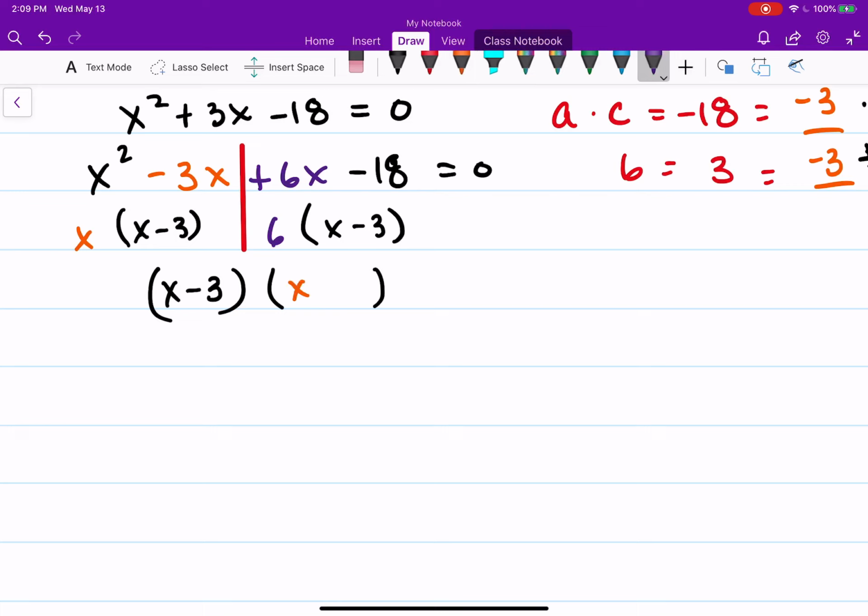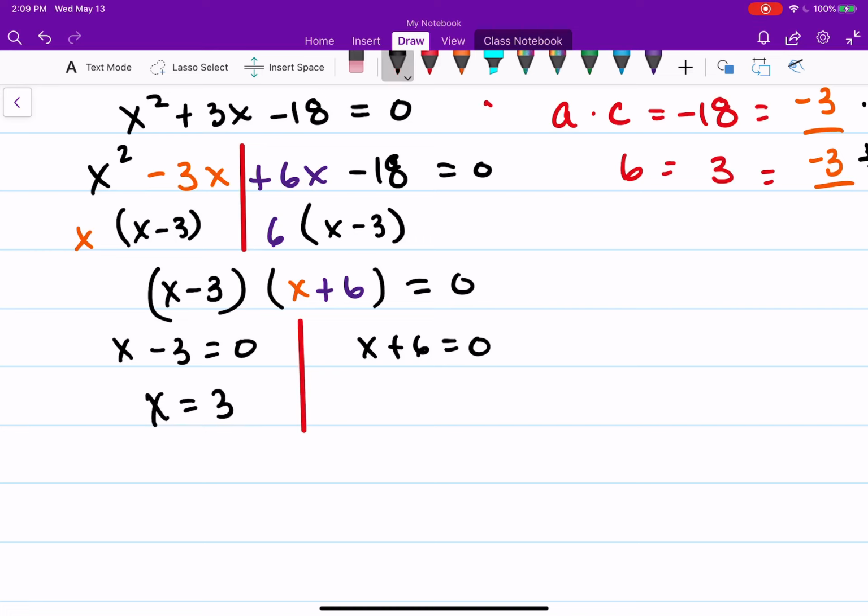X plus 6 equal to 0. So x minus 3 equals 0. X plus 6 equals 0. So x equals 3 and x equals negative 6.